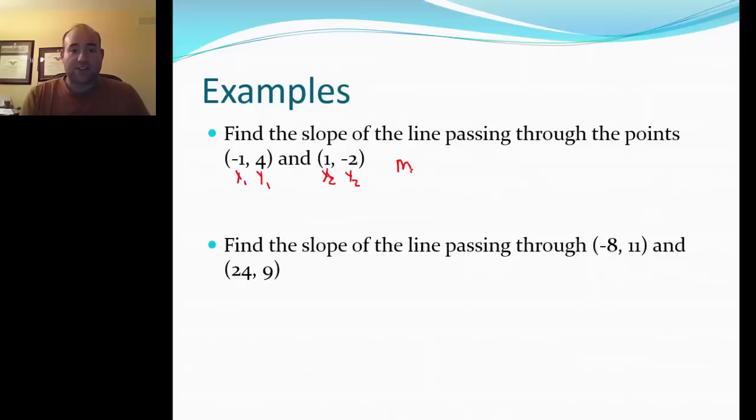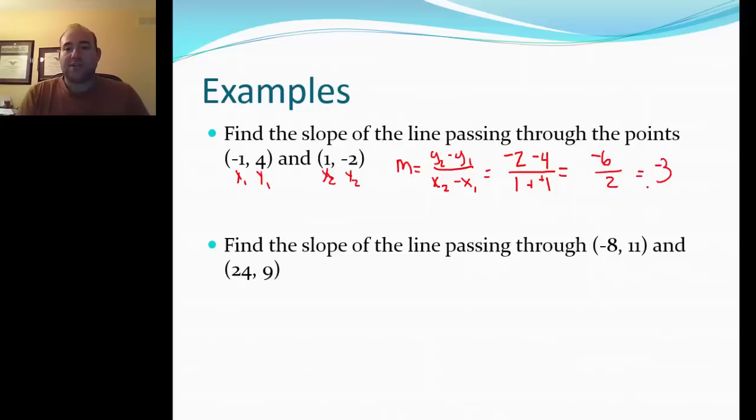And then it's just as simple as plugging into your formula. y2 minus y1, x2 minus x1. y2 is -2, y1 is 4. x2 is 1, x1 is -1. Now we just subtract the top, that's -6. We combine the bottom, plus, that's 2. So my slope is -3.